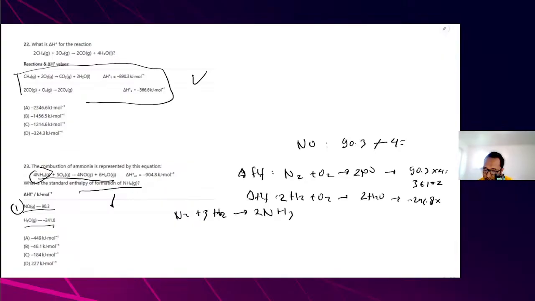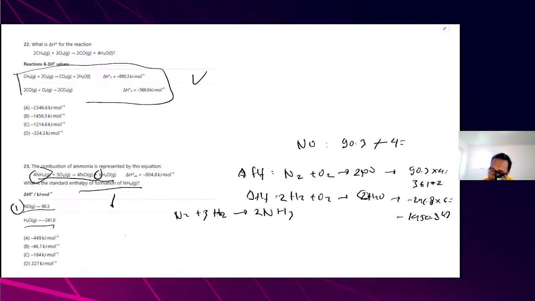So as you can see, guys, for H2O for 6 mole, H2O over here is 6, and H2O over here is just 2. For 6, we need to times 6, right? So we get minus like this one. Okay, so now apply the Hess formula.